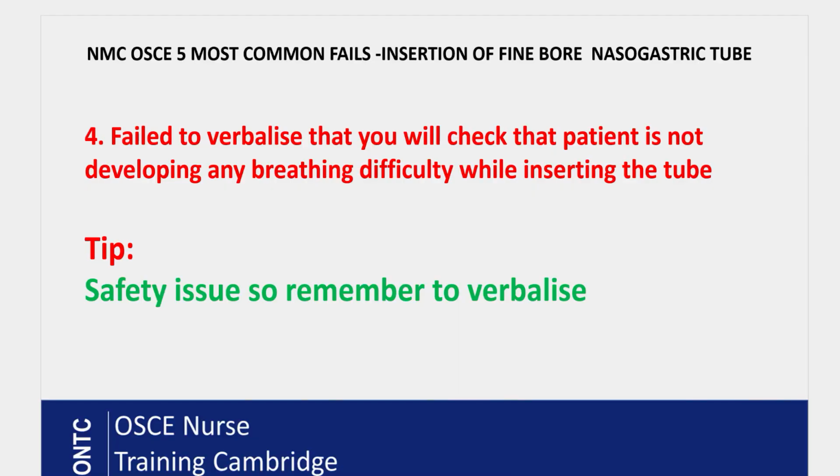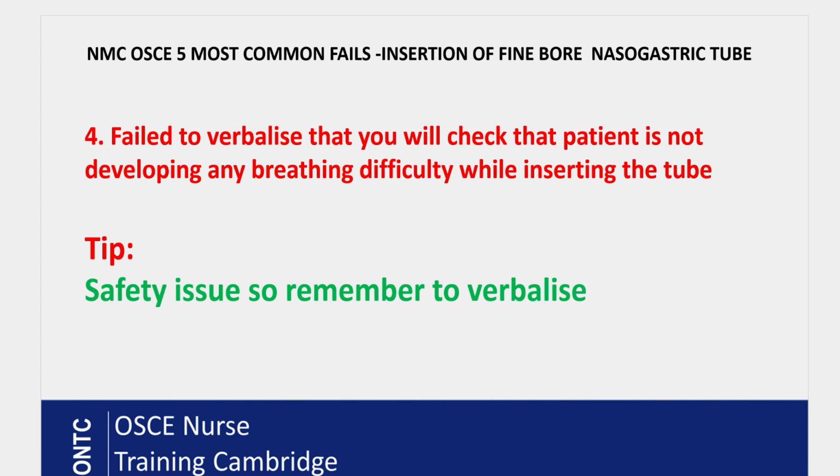And then we're going to go to number 4, which is fail to verbalize that you will check that patient is not developing any breathing difficulty while inserting the tube. Again, it's a verbalization. So a lot of fails in these stations are on verbalization. Your marking criteria clearly says that you will be checking on your patient throughout.